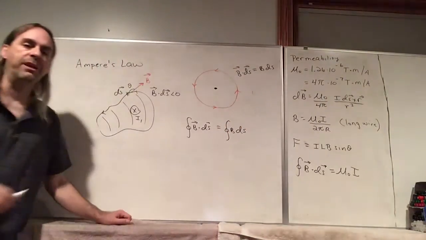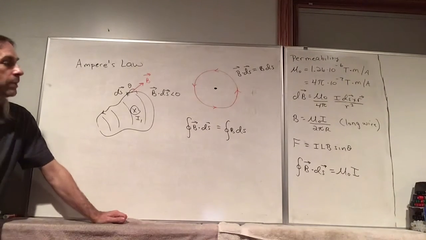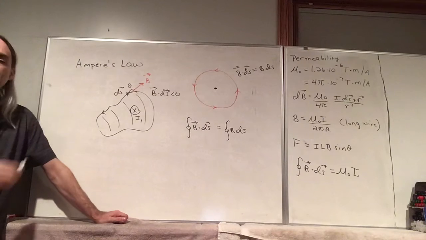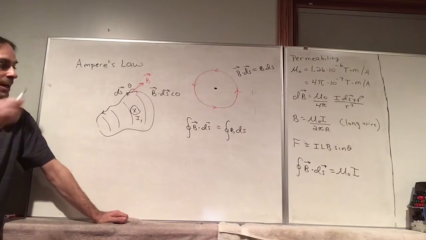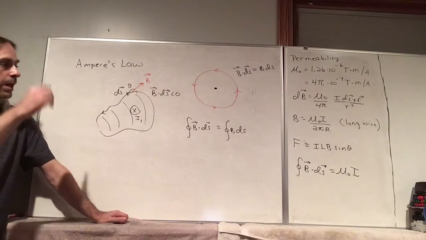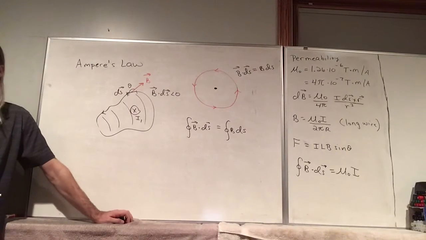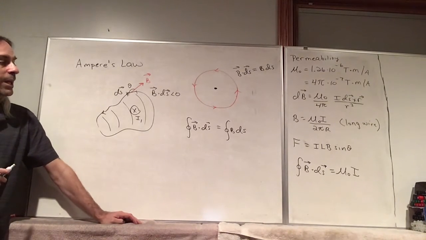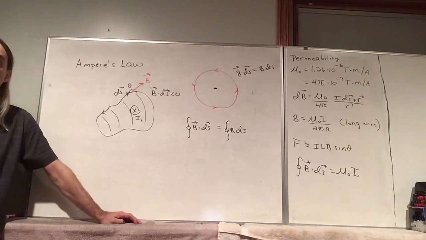And there's one more thing we can do that's very nice. We know that every point on our curve, where we're integrating over ds, this line that we drew around the wire, is the same distance from the wire.